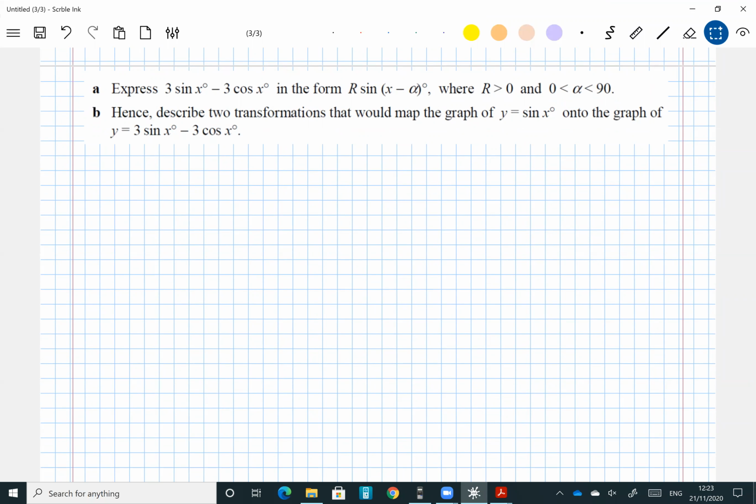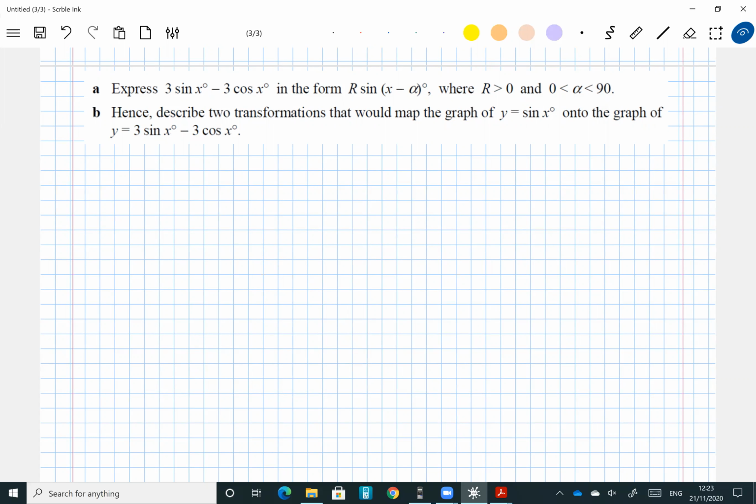So express 3 sine x, and it's in degrees. The question's told us it's in degrees. If it didn't put the units next to the x there, then this is a bit of a giveaway because 90 is a key value in trig when working in degrees. So in the context of the question, that's what tells us it's degrees rather than radians.